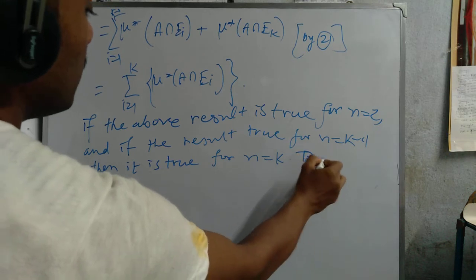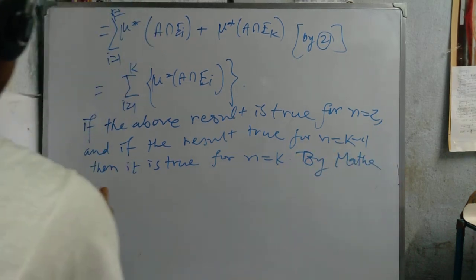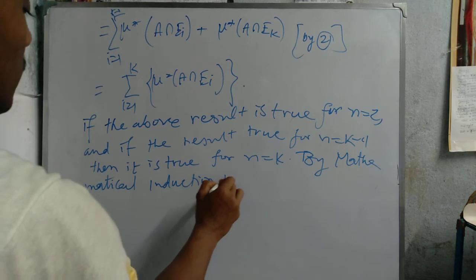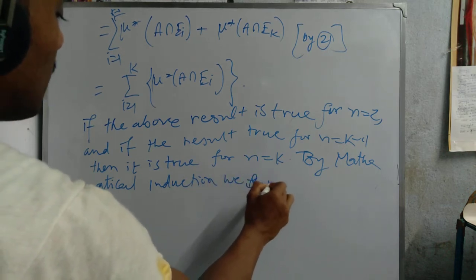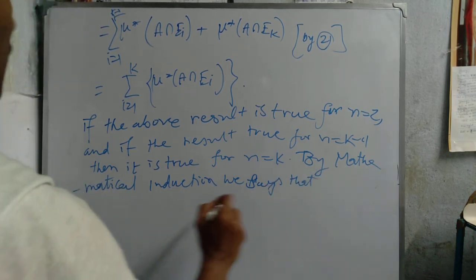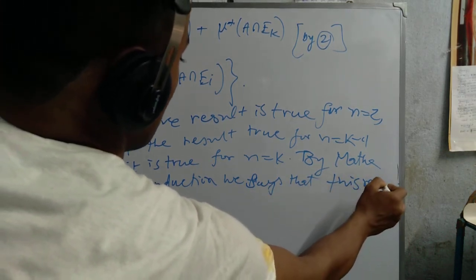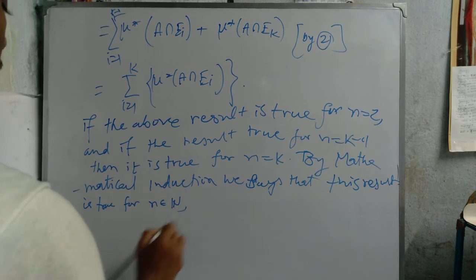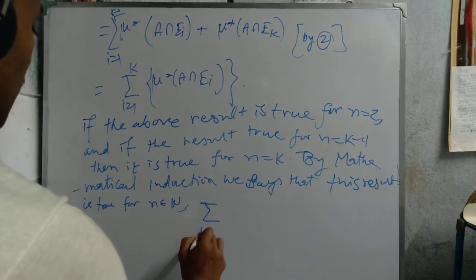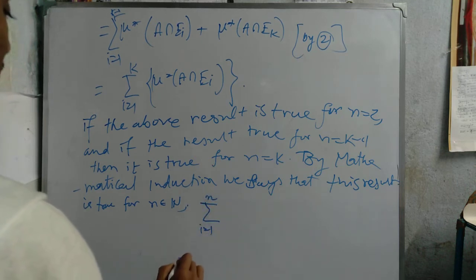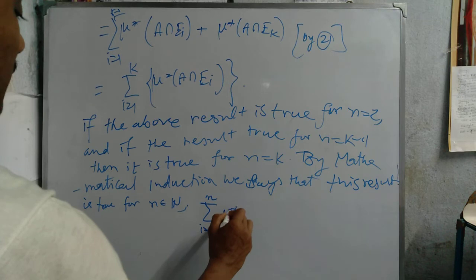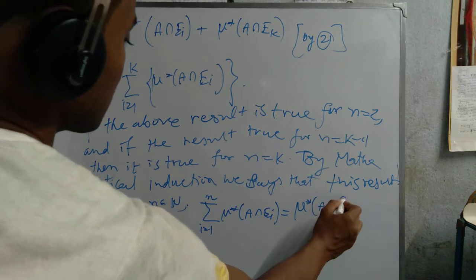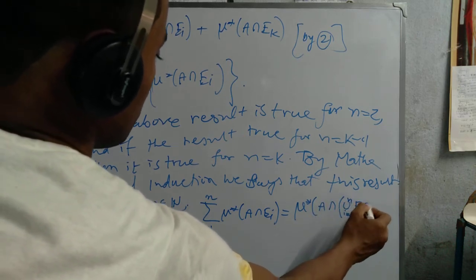So by mathematical induction we also prove that this result is true for n belongs to N. Then summation i equal to 1 to n mu star A intersection Ei equal to mu star of A intersection union of i equal to 1 to n Ei.